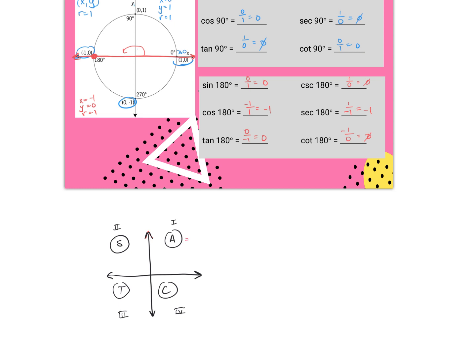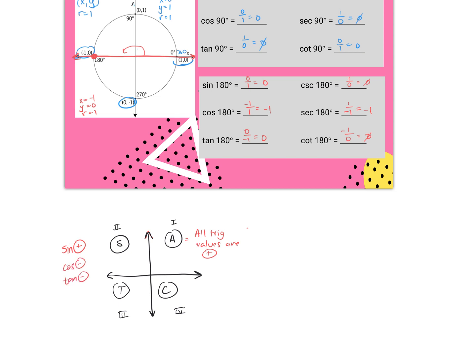So what this means is A for all. So all trig values are positive. And I'll talk about why after, okay? In the second quadrant, sine is positive, and obviously cosine would be negative, and tangent would be negative.